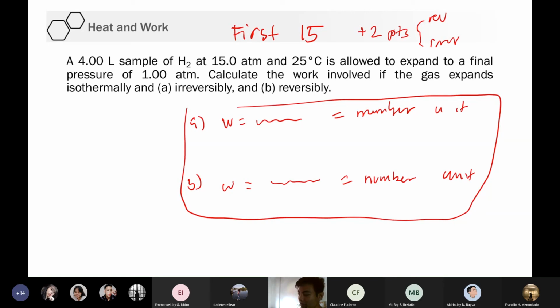I-close na natin yung poll. Last 3 minutes.